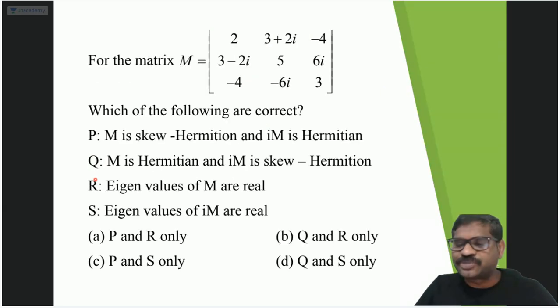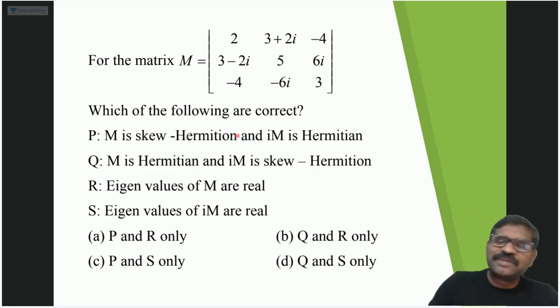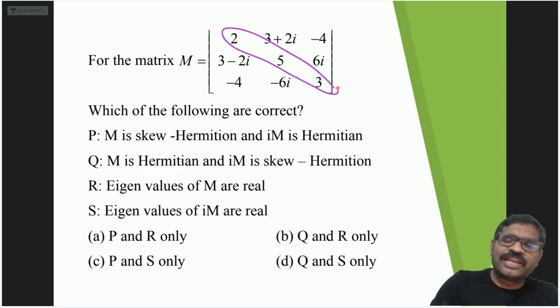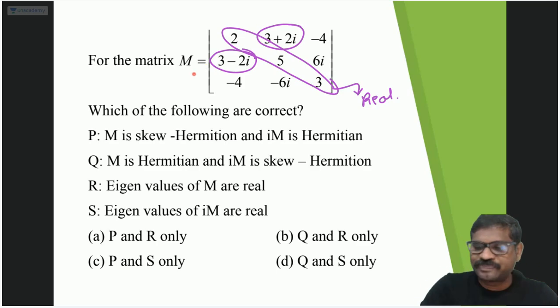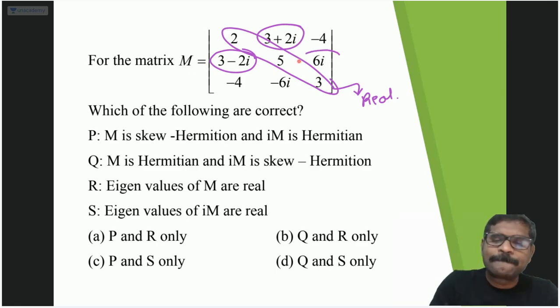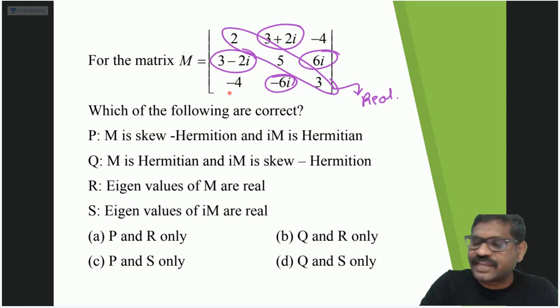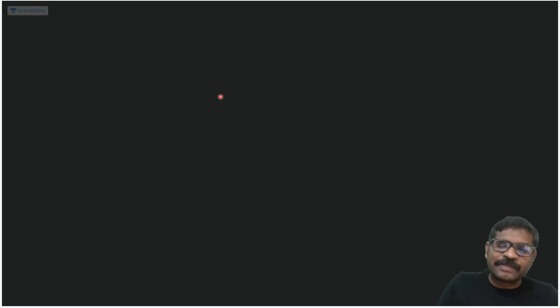Observe next problem. Look at the matrix. Is the matrix Hermitian or not? Because principal diagonal elements are real, and the remaining entries satisfy Aij equals Aji bar for all i, j. 6i, minus 6i. Therefore, M is Hermitian.